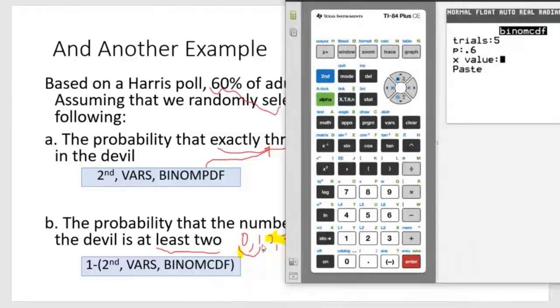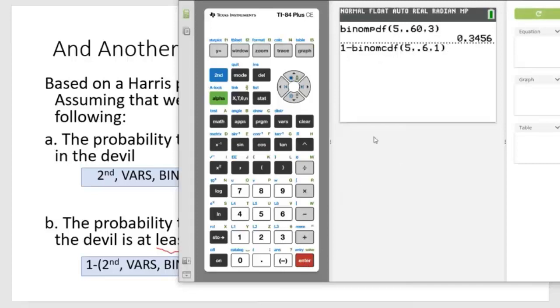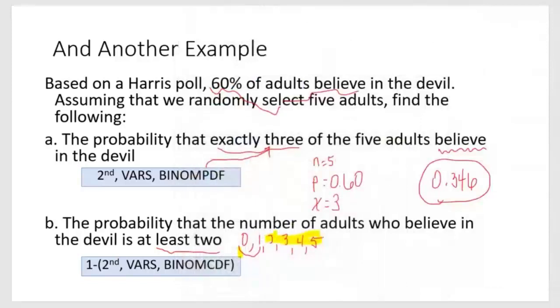I am trying to do at least 2, so I've got to subtract off the cumulative probability through 1. So when I put that 1 there, on the C, it's going to add up the probability of 0 and the probability of 1. And then I am subtracting that, 1 minus, so it's the complement of it. And I get 0.913.